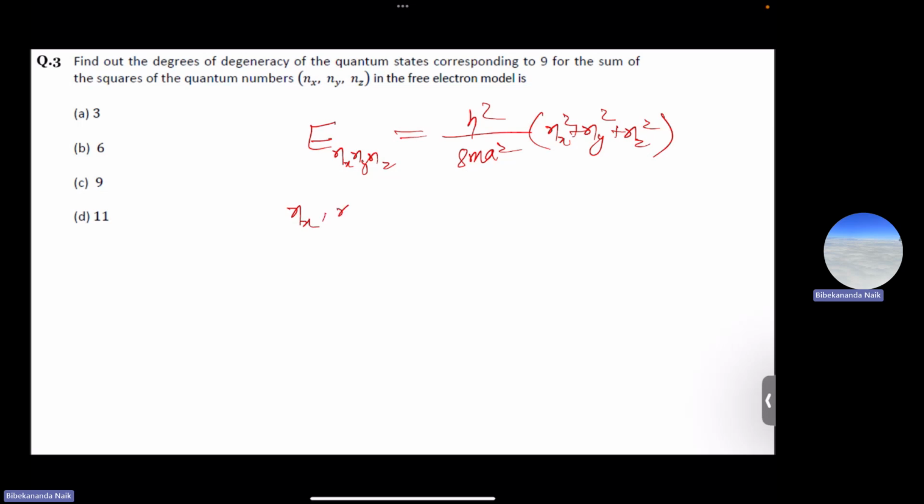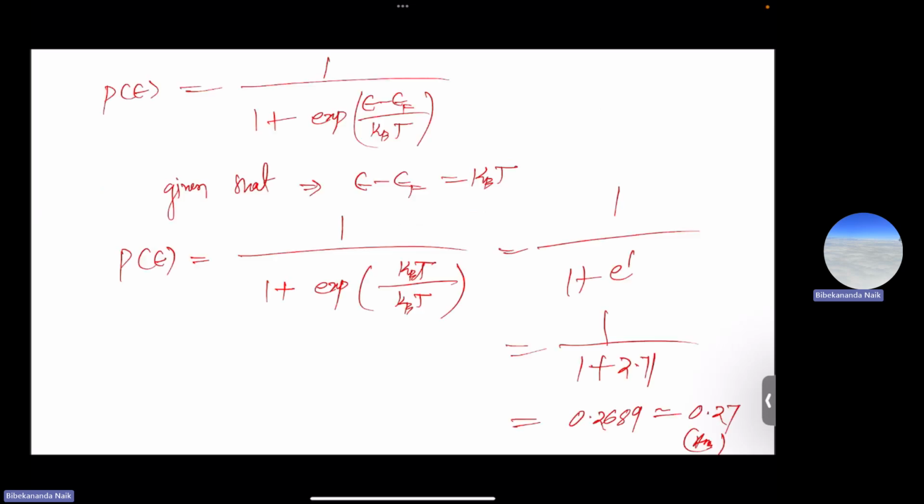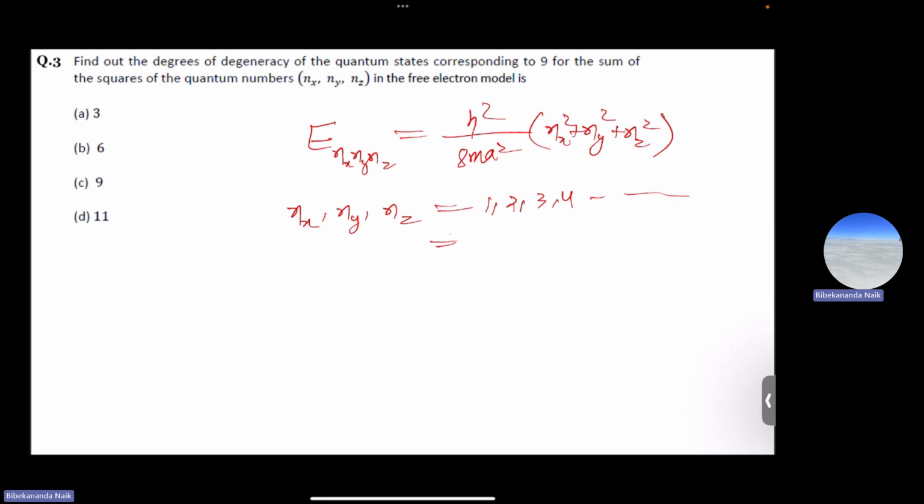Each of nx, ny, nz can have values 1, 2, 3, 4, but it can't have the value 0, because if any one of nx, ny, nz is 0, then the wave function corresponding to that state will be 0.